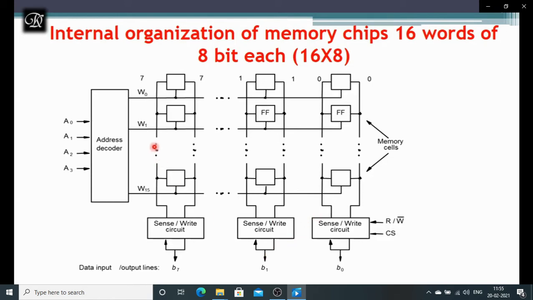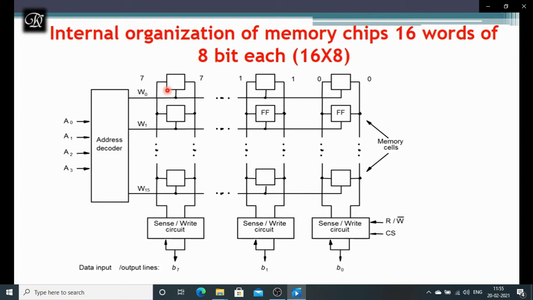Each word line is connected to the address decoder, and we also have a sense or write circuit which tells the read or write operation, and each cell here is capable of storing a single bit. It means here we are using something called a flip-flop. Hope you remember the term flip-flop from the subject ADE, where we design a flip-flop.